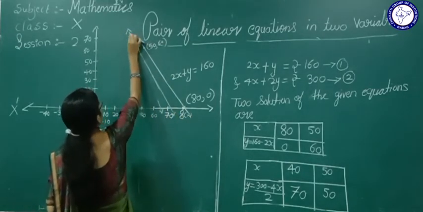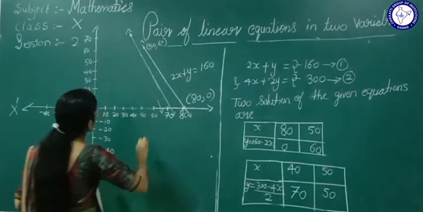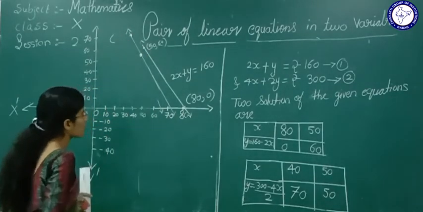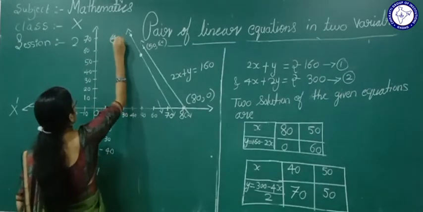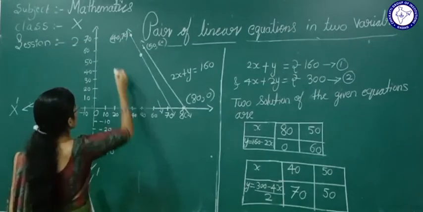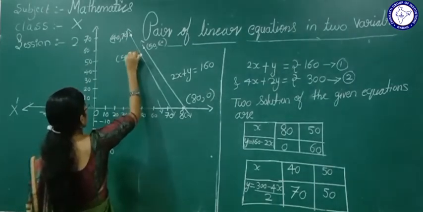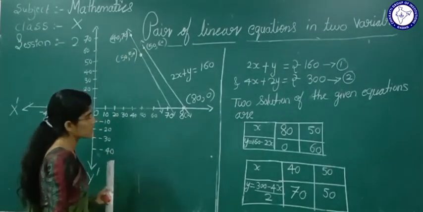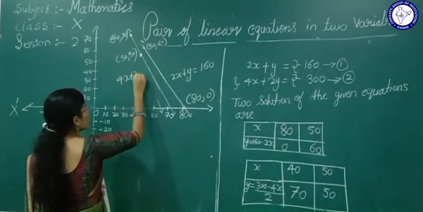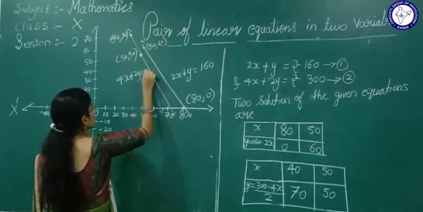So these are (40, 70) and here (50, 50). So this is the graph for equation number 2, that is 4x plus 2y is equal to 300.